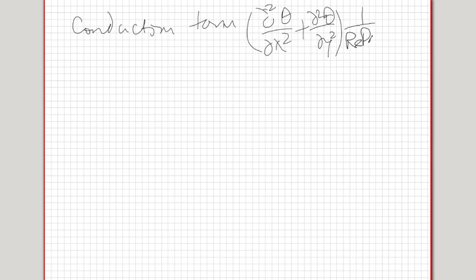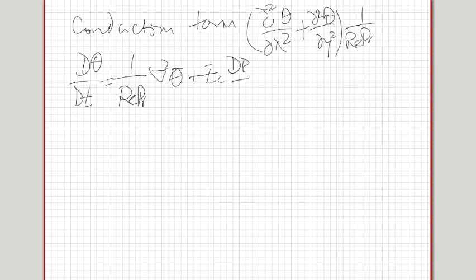Now, what does this mean? That if I look at the left hand side term, which is d theta by dt, is equal to 1 over RePr into, let's call this as del squared theta. Okay, that is the term that we have, plus we have an Eckert number multiplied by dp by dt term, or dp by d tau.